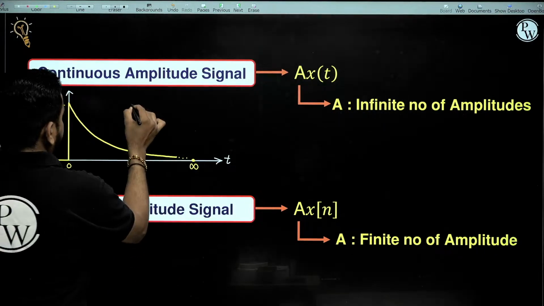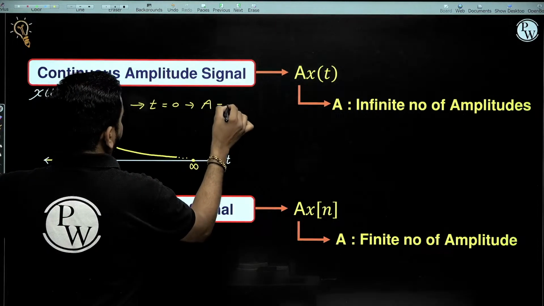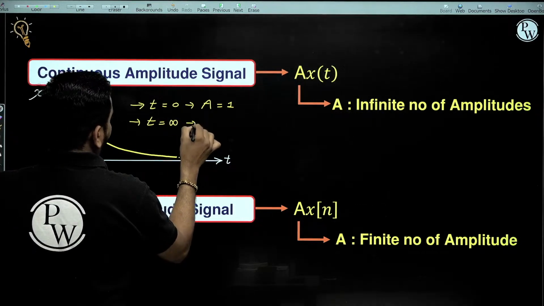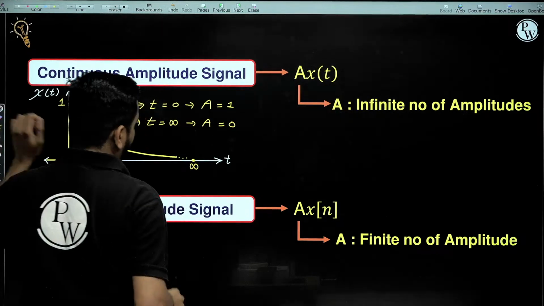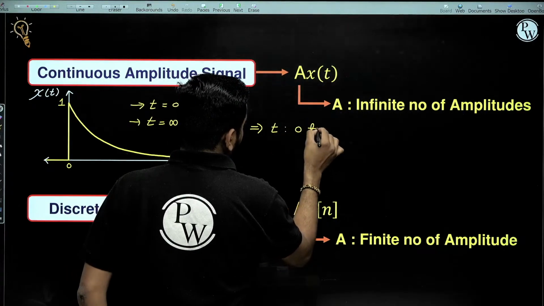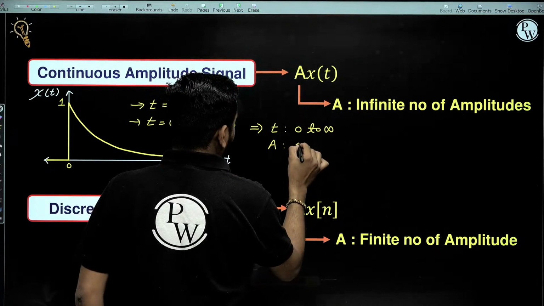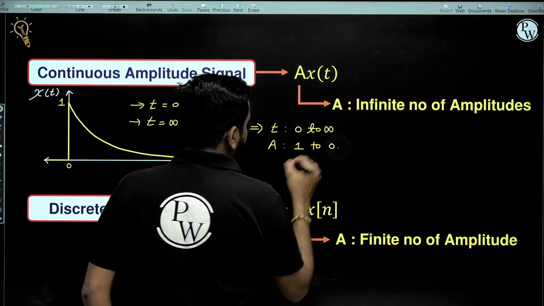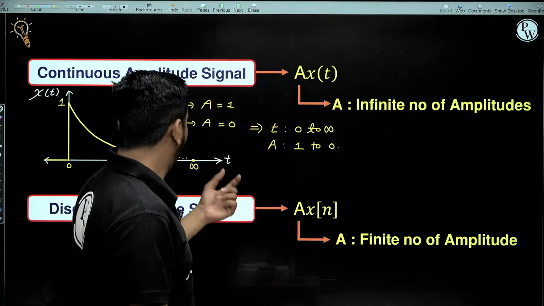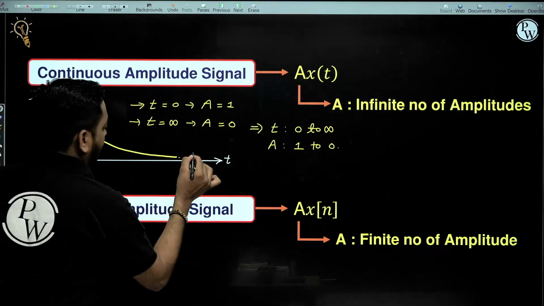So at t equal to 0, amplitude is 1 and at t equal to infinite, amplitude is 0. As t varies from 0 to infinite, amplitude varies from 1 to 0.